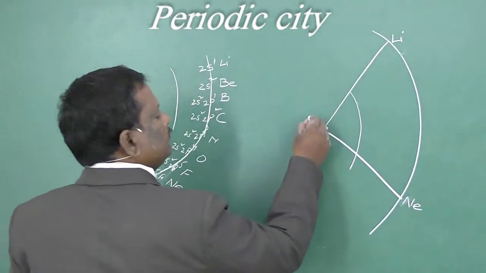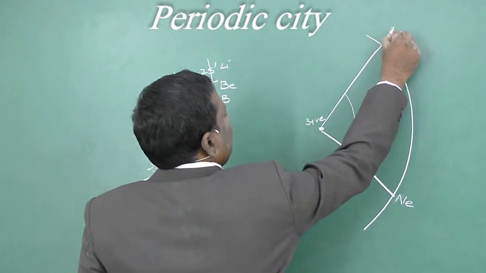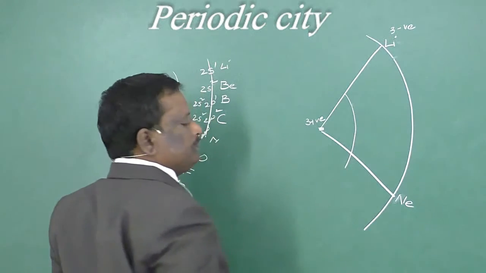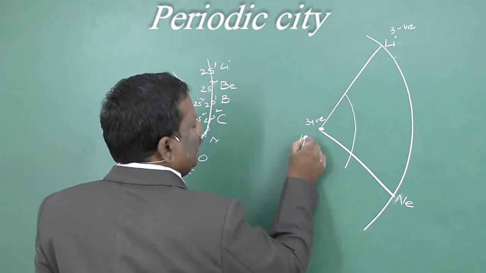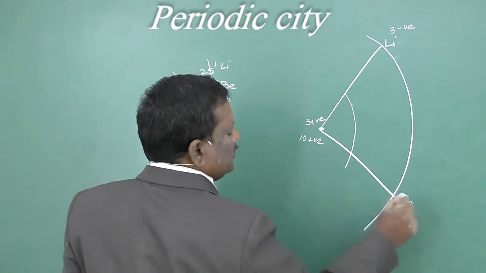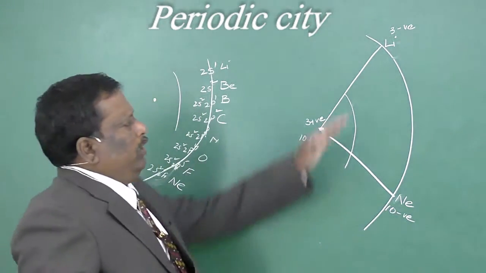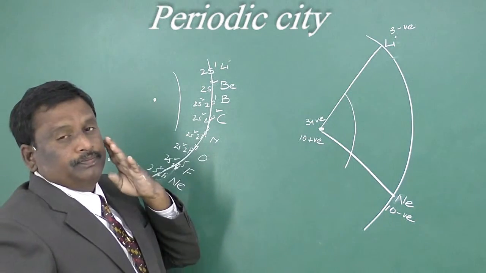In lithium, 3 positive charges are there and 3 negative charges are there. Whereas in the neon atom, we have 10 positive charges and 10 negative charges. In between them are the remaining elements.